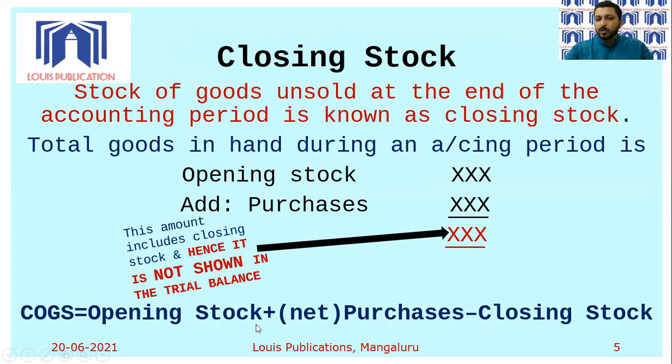So when we say minus closing stock, this cost of goods sold, remember stock is unsold. So cost of goods sold excludes closing stock because this is unsold. And this number is basically, you can treat it as cost of goods available for sale and part of it is sold. Closing stock is excluded and that gives you what is called as cost of goods sold. So what remains unsold is closing stock.